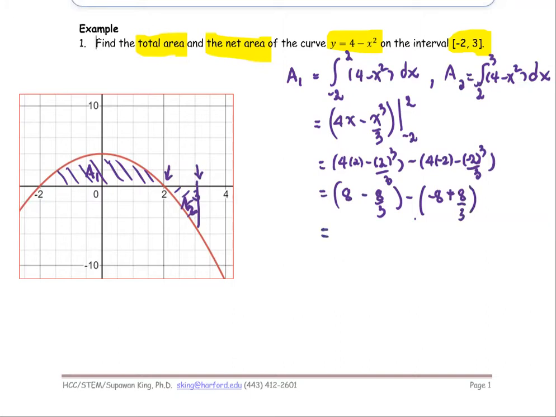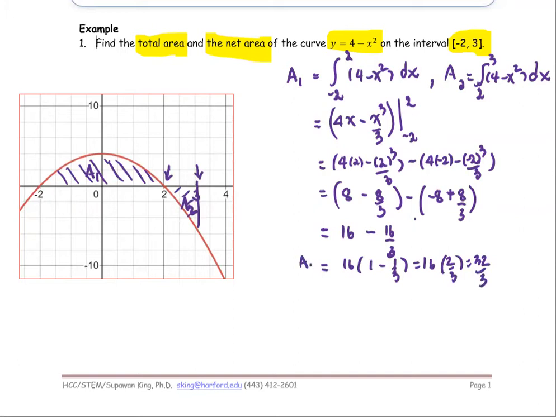So we got 16 minus 8 over 3 minus 8 over 3, which is minus 16 over 3. Then we can compute this as 16 as a common factor, 1 minus 1 over 3, or 16 times 2 over 3, which is 32 over 3 as the exact number for A1.